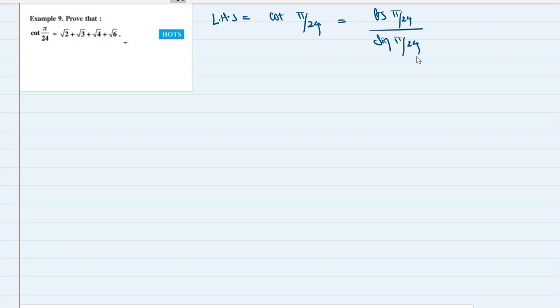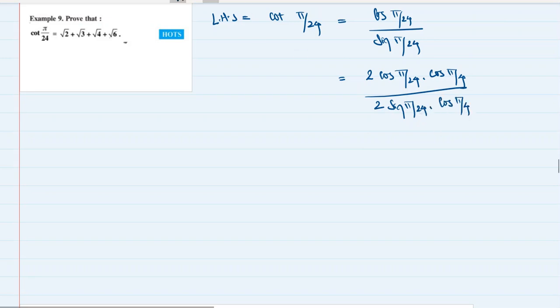Now just see the next step, because that's important. So I'm going to multiply certain things in numerator and denominator. So 2 cos pi by 24 times cos pi by 24 upon 2 sin pi by 24 into cos pi by 24.